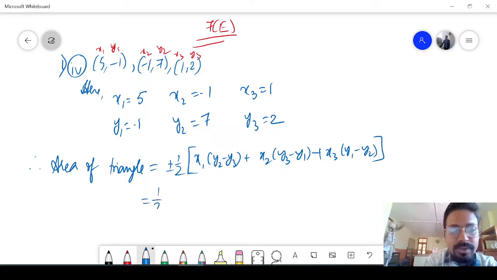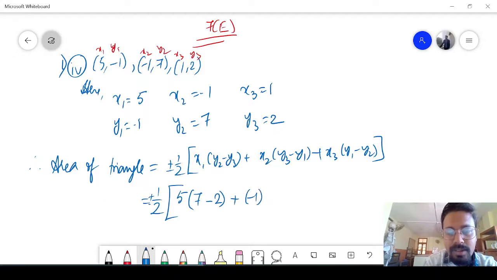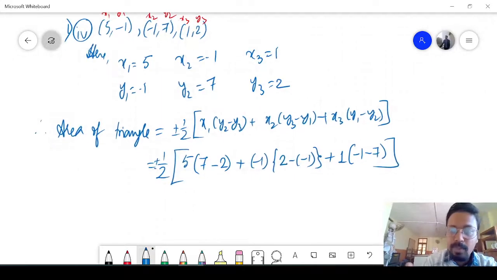Just put the values now. Plus minus half into, x1 is 5, y2 is 7 minus 2 plus x2 is minus 1, y3 is 2 minus 1 in y1, x3 is 1 into y1 is minus 1, y2 is 7. Simple. You have just put the values.